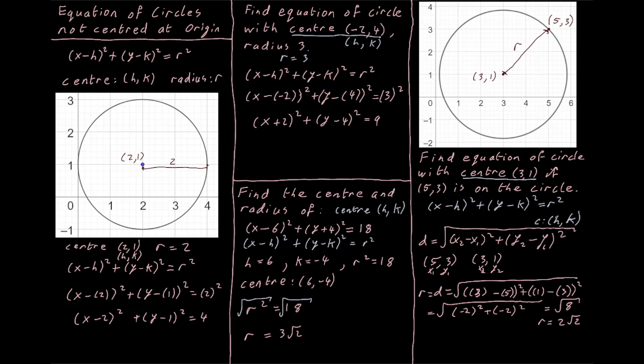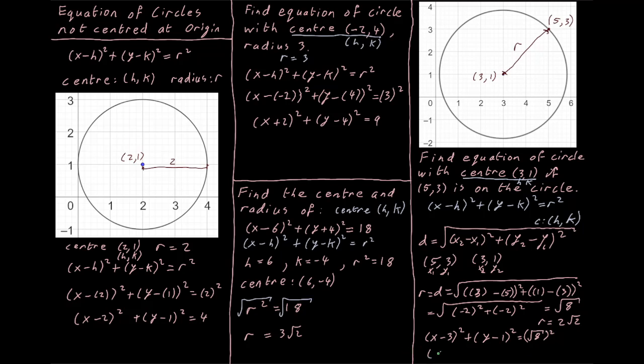So now I can sub all of that information into my equation. I know that my center is at h, k, so h is going to be 3 and k is going to be 1. So I have x minus 3, all squared, plus y minus 1, all squared, is equal to the radius squared, so root 8 squared.